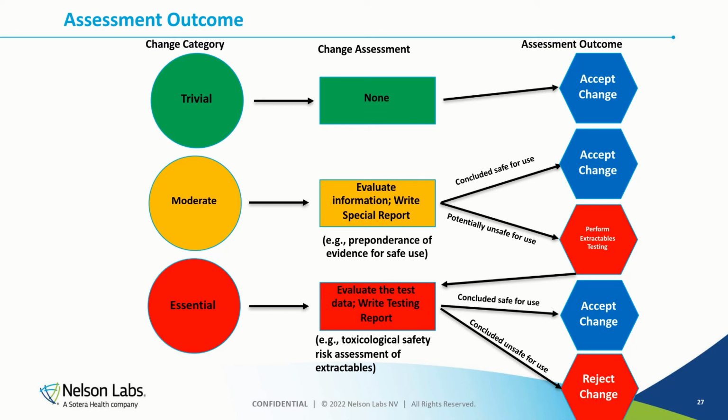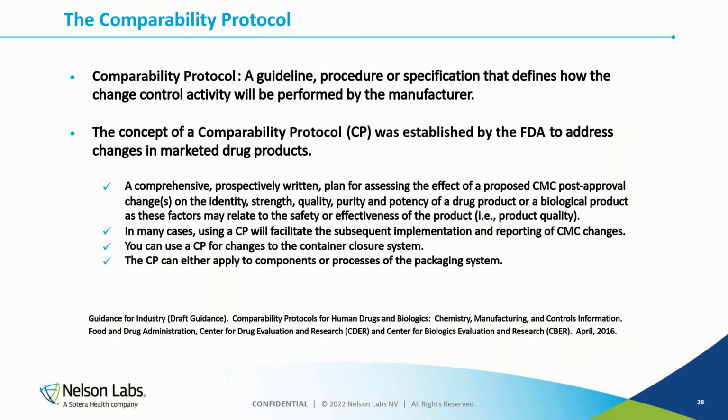And if you are stuck in the essential change after you've done the toxicological safety risk assessment of new extractables or increased extractables, based on the outcome of that toxicological safety assessment, either you conclude that the changed packaging system is safe for you, in which case you accept the change, or unfortunately, that the changed container closure system is unsafe for use, in which case you have to either mitigate the change or reject it.